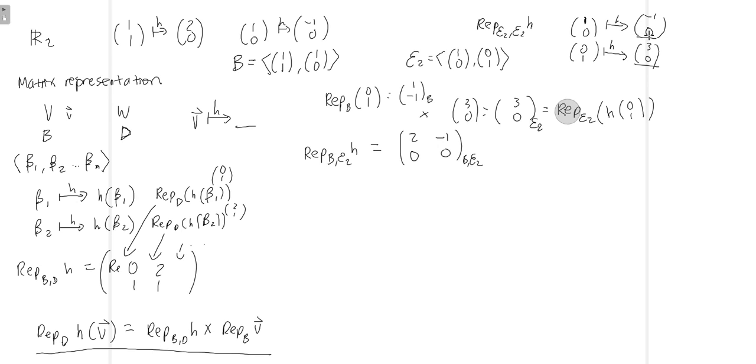And now we know the image of (0, 1), and we know the image of (1, 0). We can just write the matrix representation. Remember, these are the vectors in the basis.